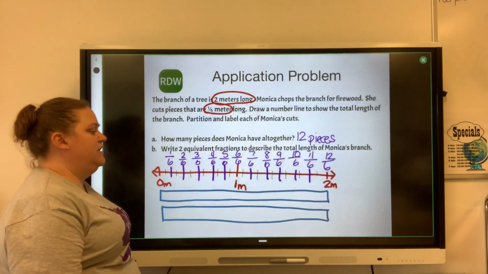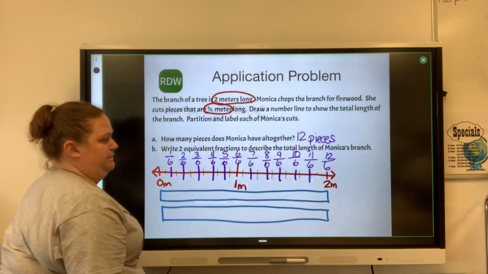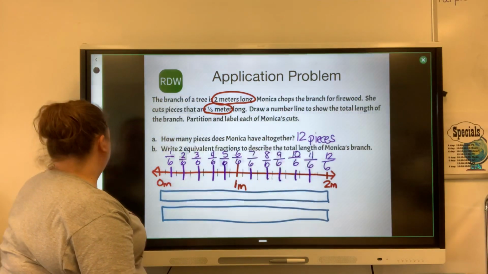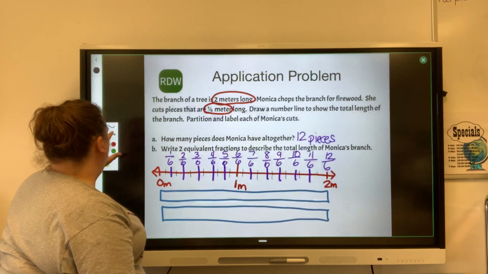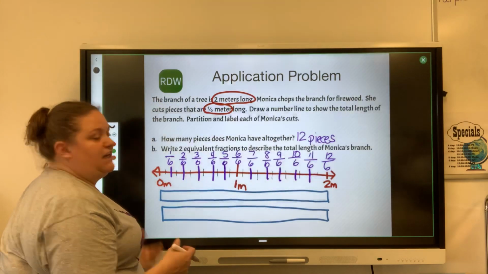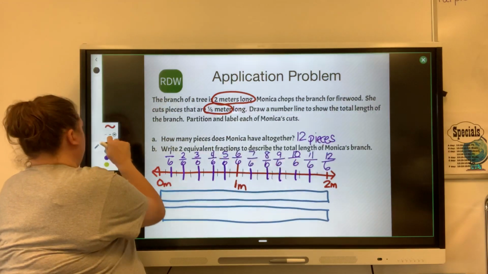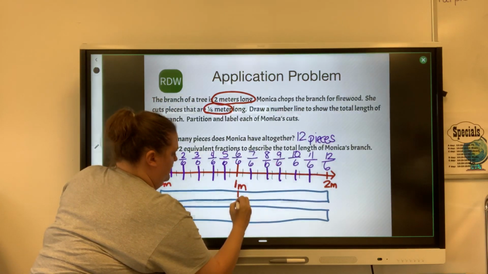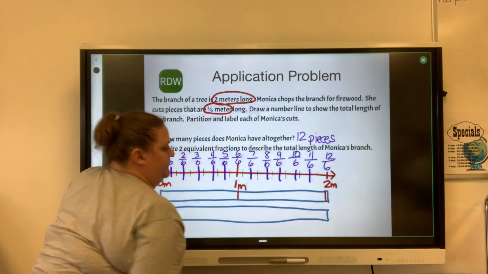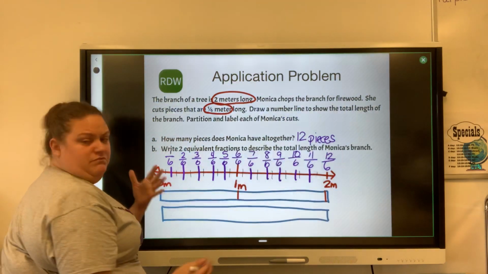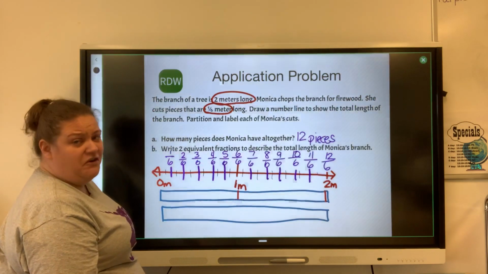All right, so I need to do equivalent fractions. So it's got to be the same. I need to divide it in something other than 6s. I could go 12s, but I really don't want to go bigger. So I'm actually going to take my rod and mark off this is like 1 and that's 2. So now I'm just going to do halves. I like halves. They're a lot of fun.